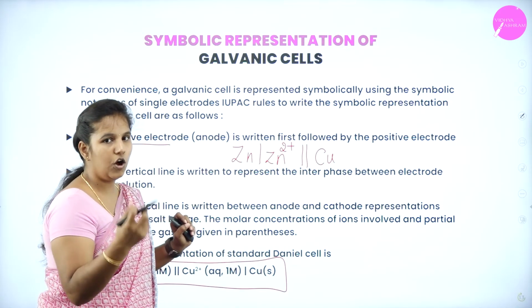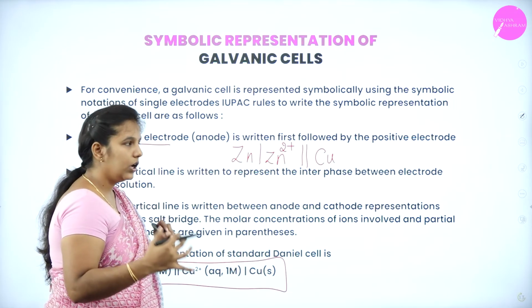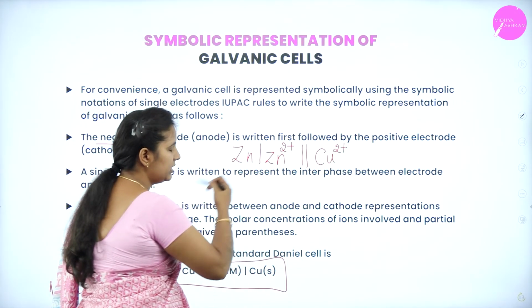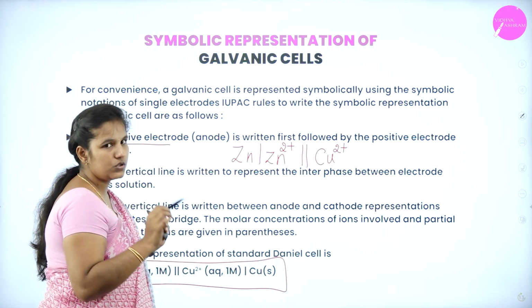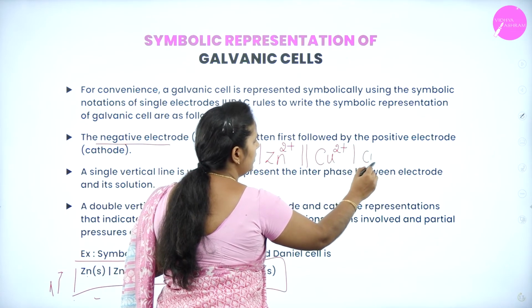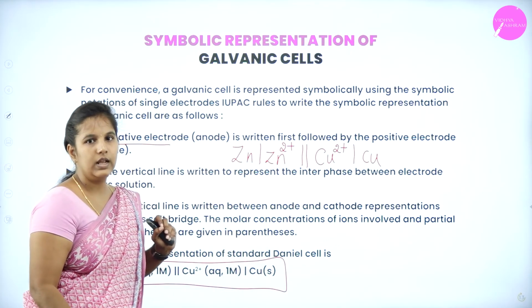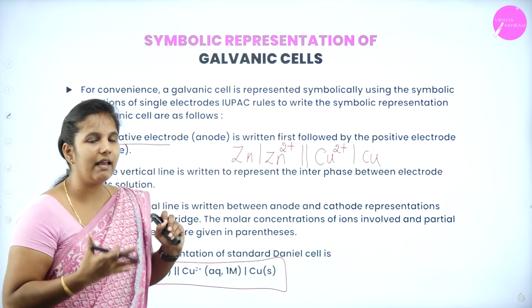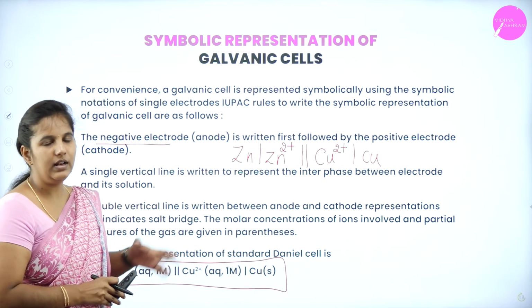That is the copper sulfate solution, where the copper accepts the 2 electrons released from the zinc and gets reduced to copper, which is followed by the positive electrode, that is copper. This is how we symbolize the entire cell equation.